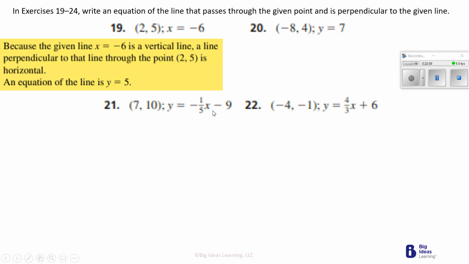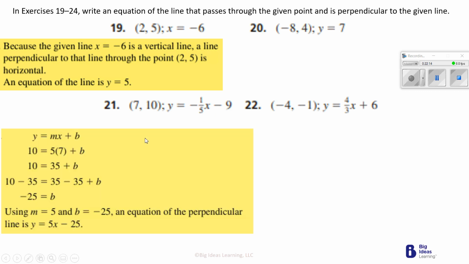21. They gave us an equation again. At least they gave us what the slope is here. So to get a perpendicular line, I know I'm looking for 5 over 1, the negative reciprocal of this, right? So a slope of 5. So I'm going to go into my slope intercept form, y equals mx plus b. I know that x is going to be 7. I know y is going to be 10.